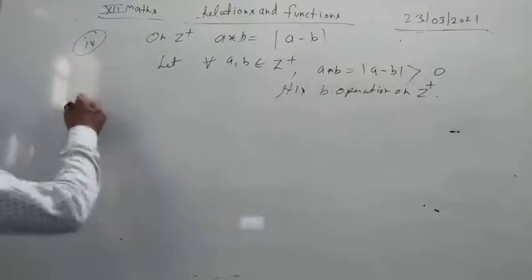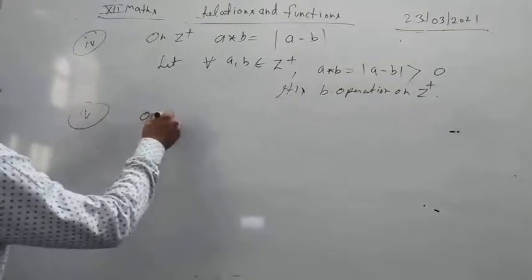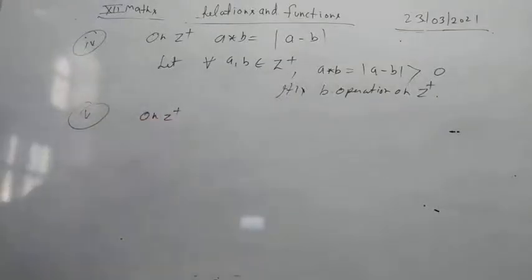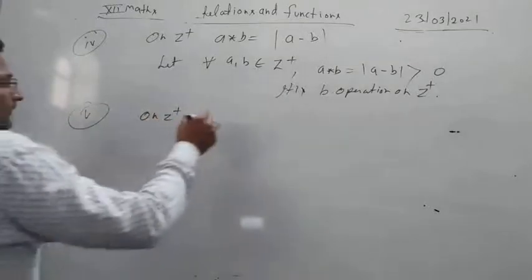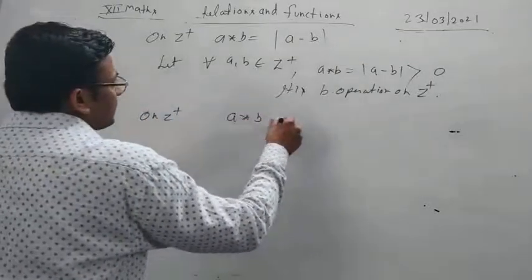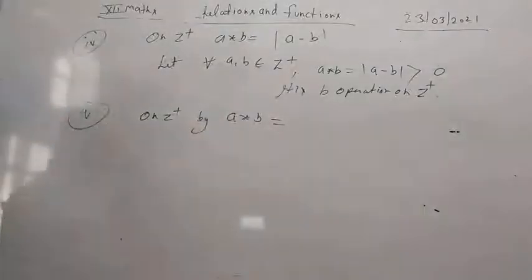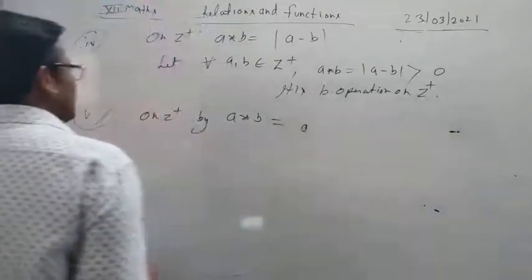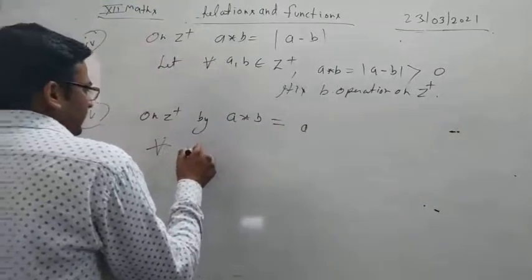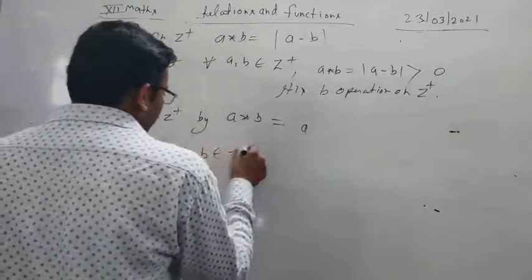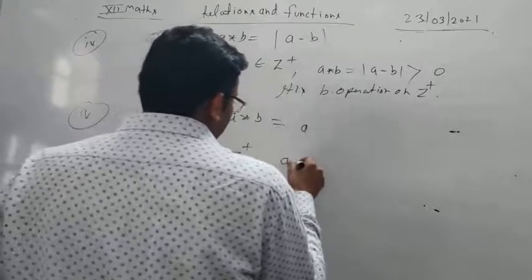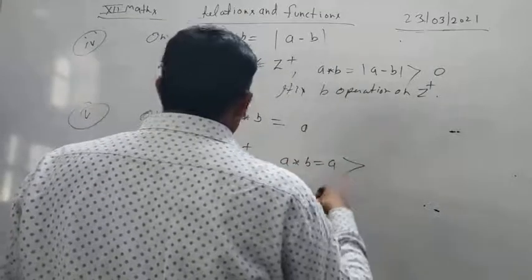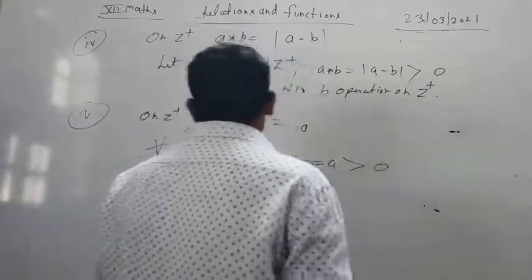Now fifth part, on Z plus, A star B is equal to A. So students, for any A, B belonging to Z plus, A star B is equal to A, always greater than 0.